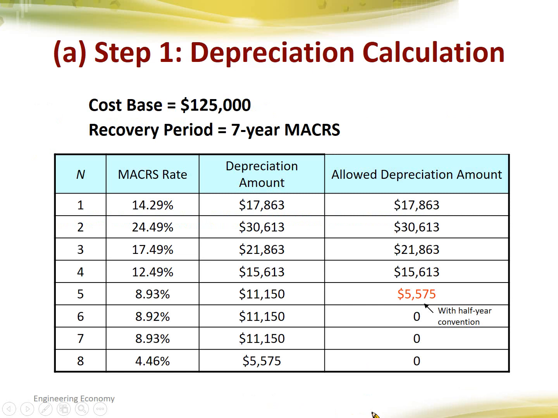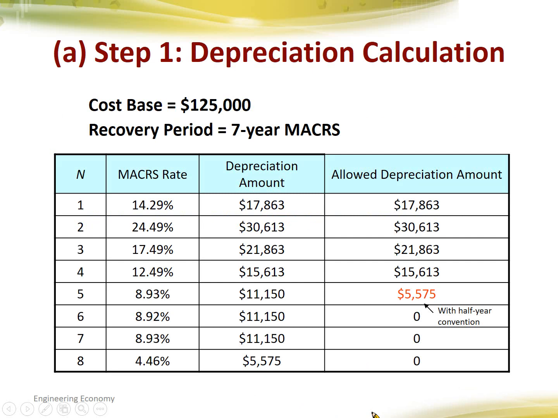So first of all, we are taking 7-year MACRS, and if you still remember, we take the half-year convention. That is, in the beginning, and at the end, we can only take half of whatever value was computed.